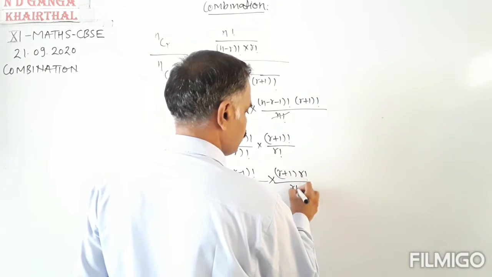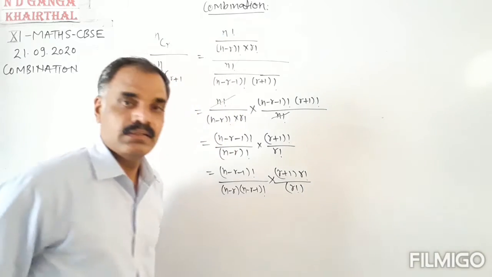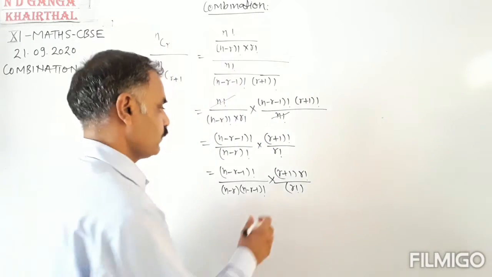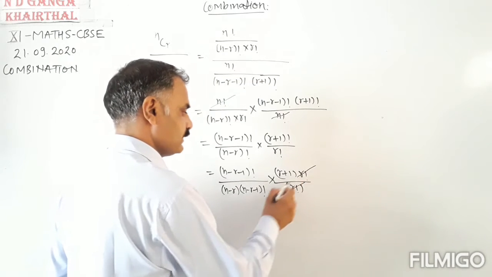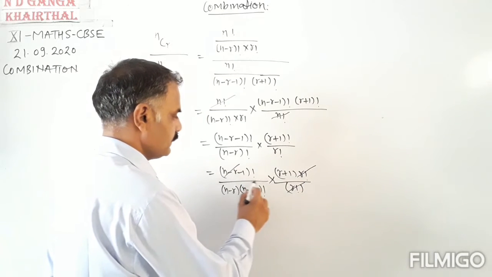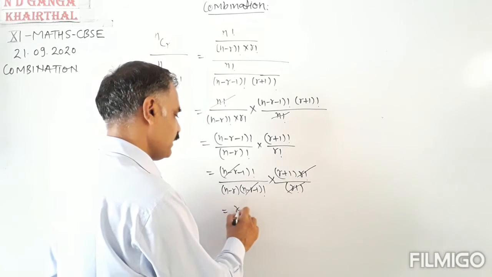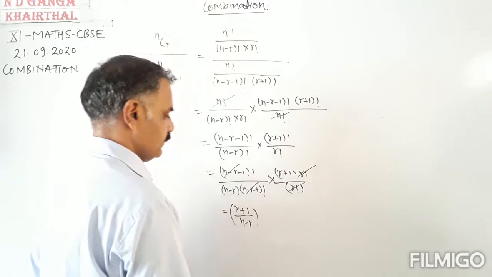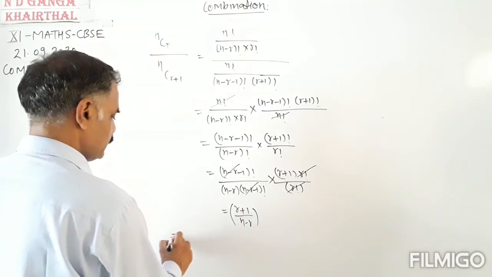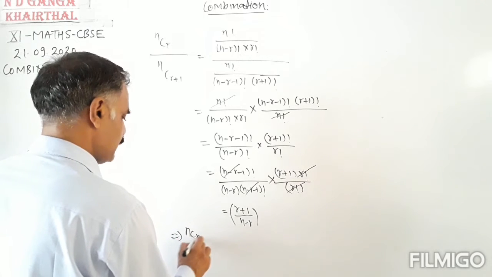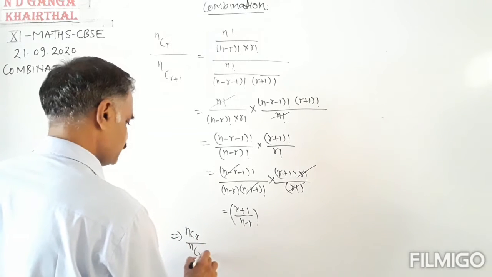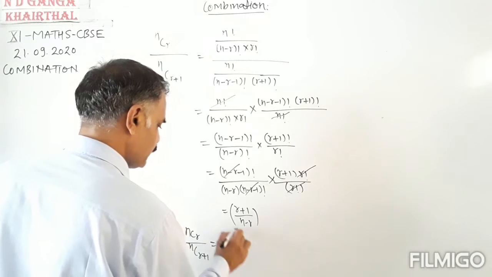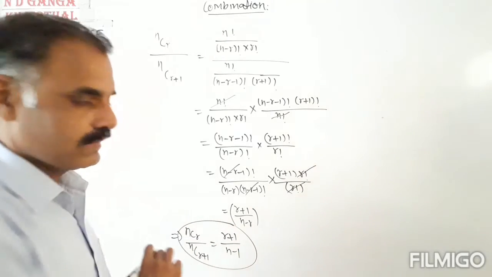Solving this, r factorial will cancel r factorial, and n minus r minus 1 factorial will cancel. We will have r plus 1 upon n minus r. Okay. So the result obtained is nCr upon nCr plus 1 equals r plus 1 upon n minus r. This is the result.